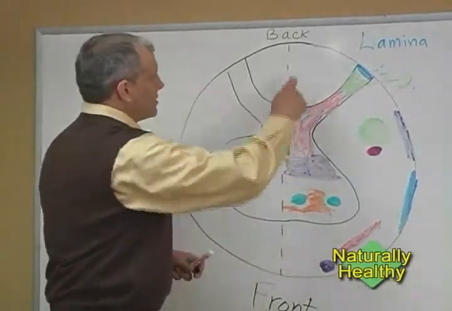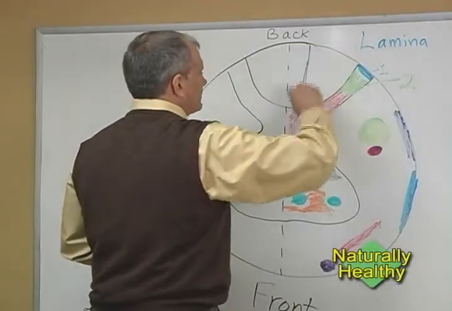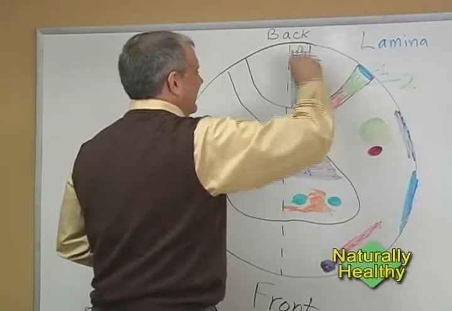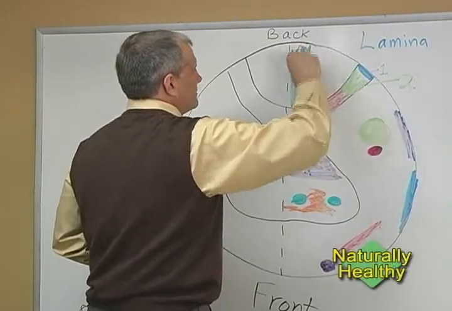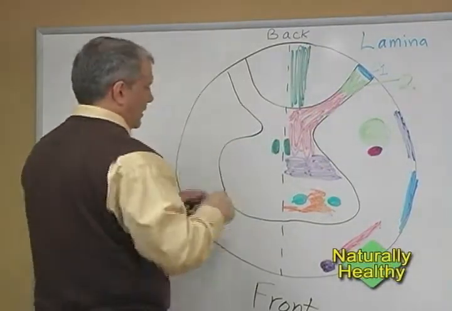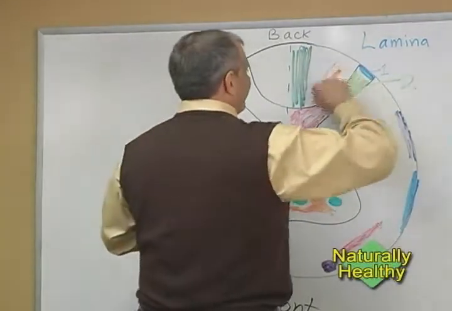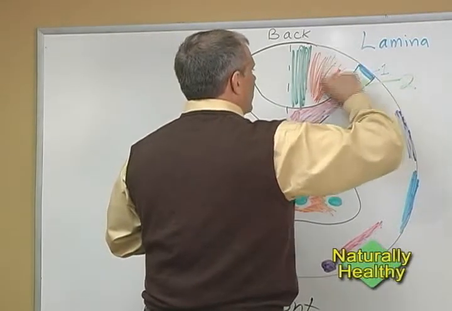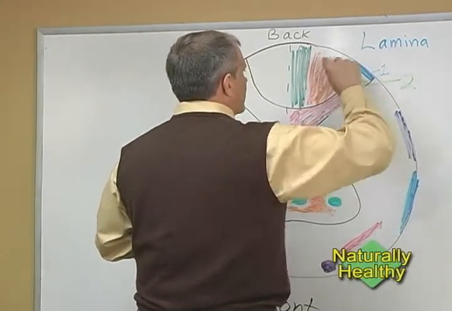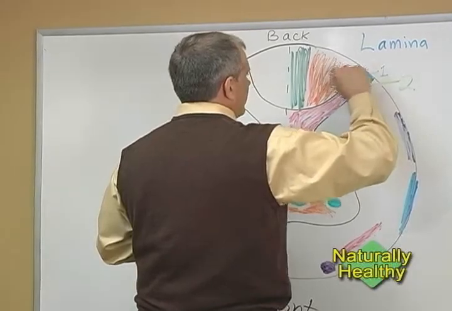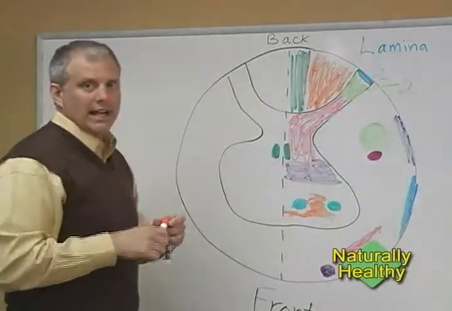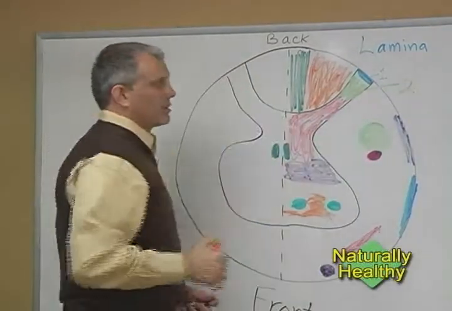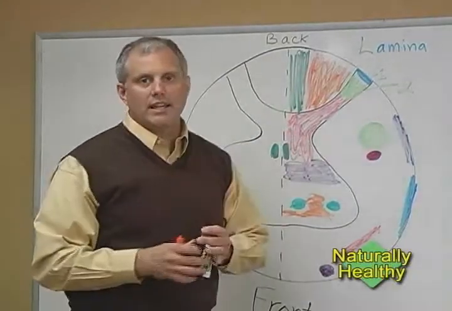Now there's a couple areas here. I want to do this really quickly. There's an area here, okay? And there's an area here that are sensory tracts as well in the white matter. Very, very major important tracts called the fasciculus gracilis and fasciculus cuneatus.